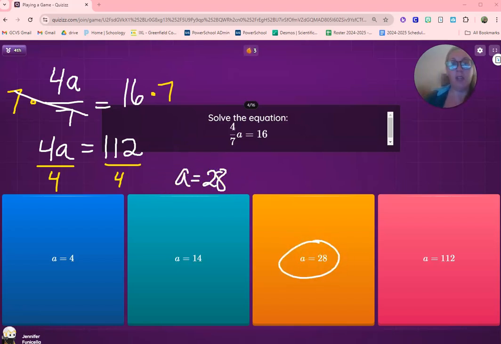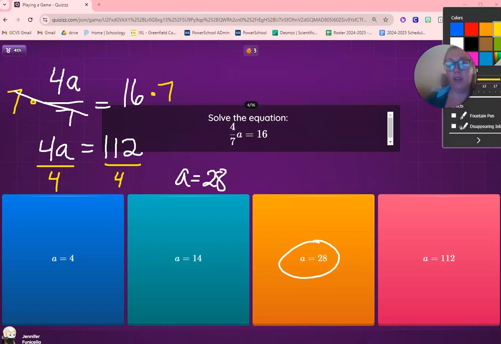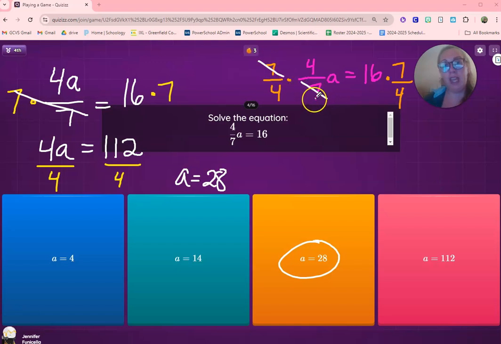Okay. You could also, just to show you a second method, if you had 4/7 a equals 16, you could also multiply by the reciprocal, which is 7/4. And this is essentially what we did the first way, right? We multiplied by 7 and then we divided by 4, but this is just doing it in one quick step. When this happens, the 7's cancel, the 4's cancel because they're on opposite sides of the division bar.